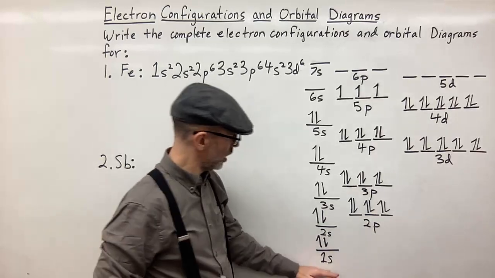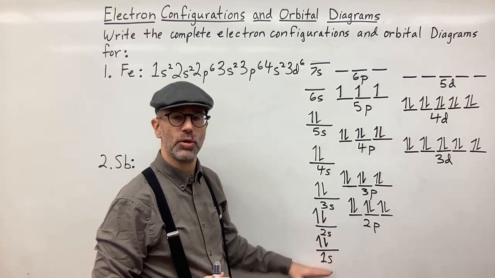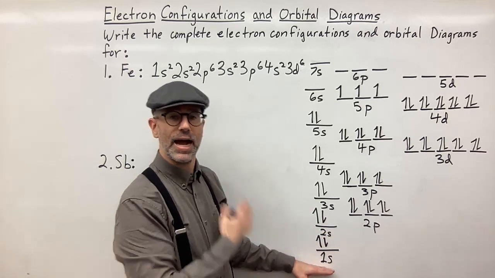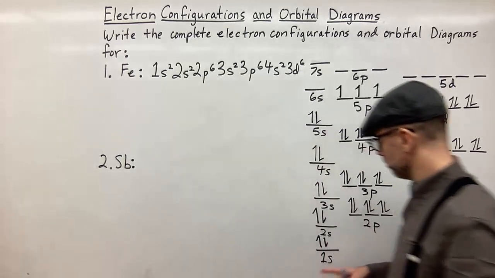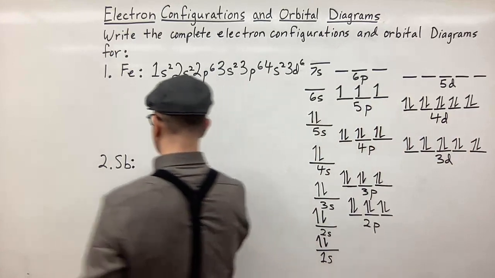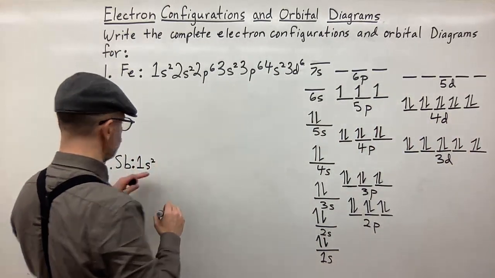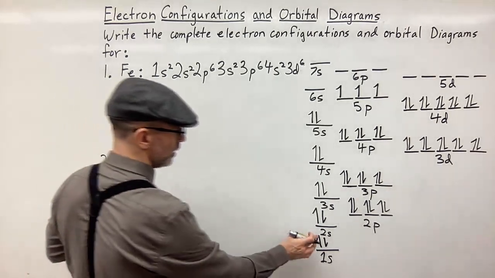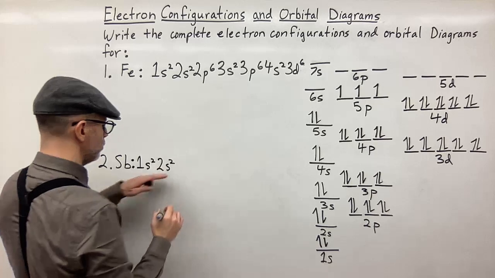So again, I'm just going to write the sublevel and the total number of electrons in each sublevel as I'm writing my electron configuration. So here I have 1s with 2 electrons. So this is going to be 1s2. Then I have 2s with 2 electrons, 2s2.